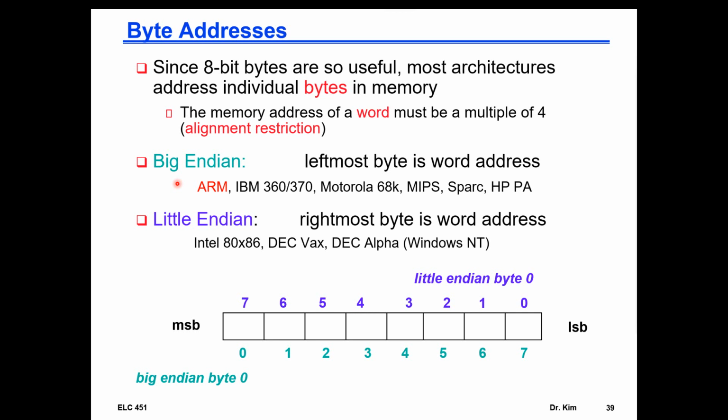Then the question is, do I store first the most significant byte of the word or the least significant byte? That's what endianism is. So we have big endian, which means that in this case the leftmost byte is the word address.